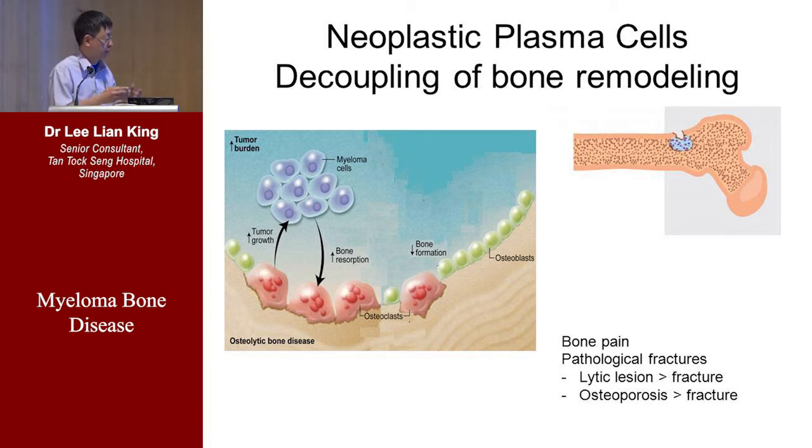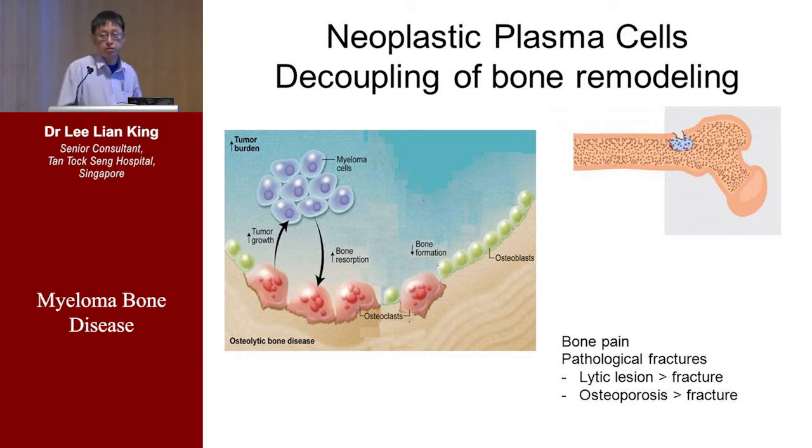The osteoclast enhances the growth of the abnormal plasma cells. The plasma cells, on the other hand, secrete chemicals that enhance the growth of the osteoclast, as well as inhibiting the osteoblasts. So in this synergistic way, they quietly chew away the bone.